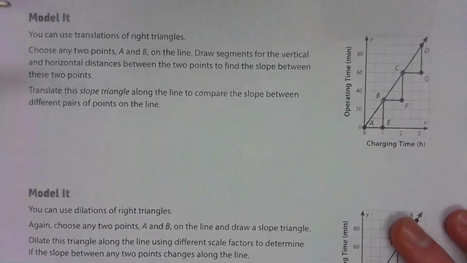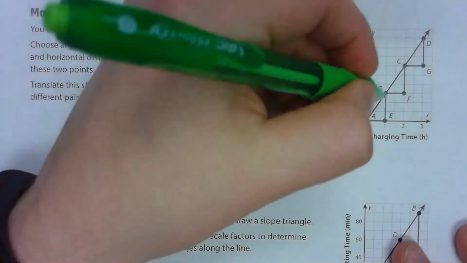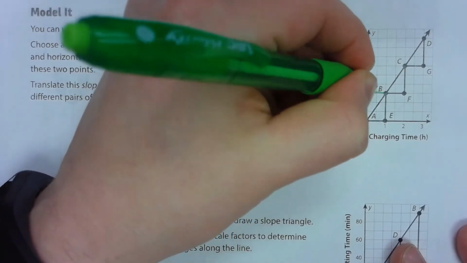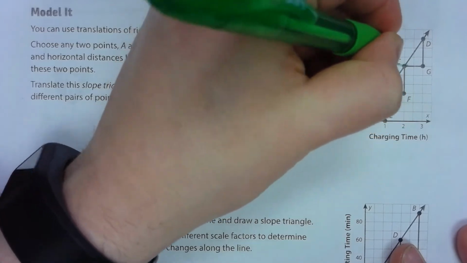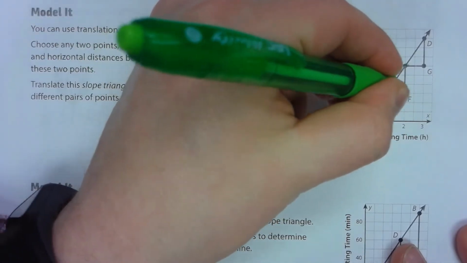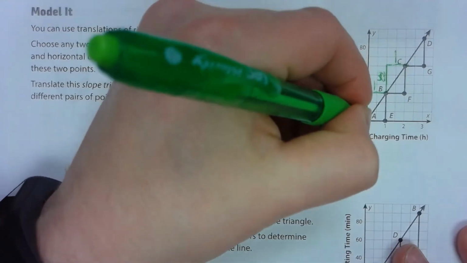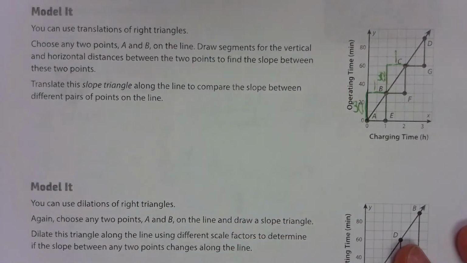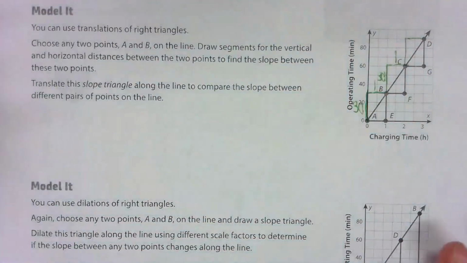And so the other question was, does it matter which 2 points I pick? Well, it doesn't look like it does. 30 over 1. They made our triangles on the bottom. I hate when books do that because we measure the vertical change first, and then measure the horizontal change over. But it didn't really seem to matter what 2 points I picked.